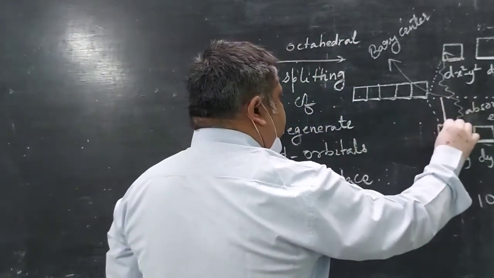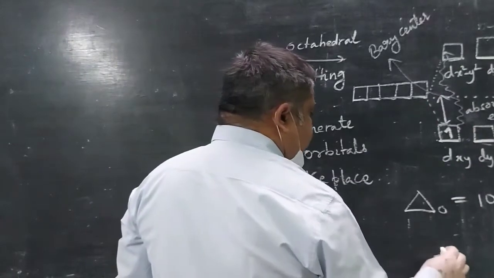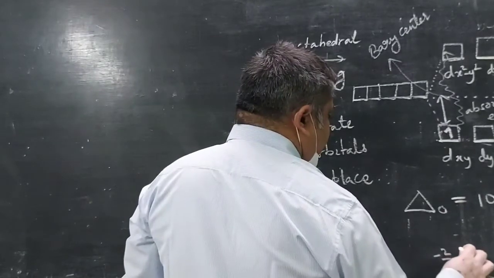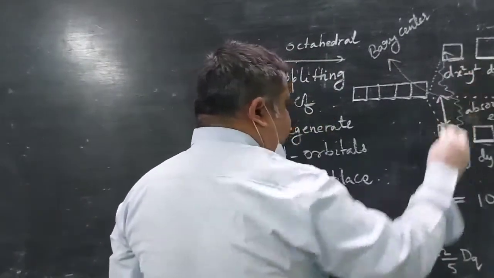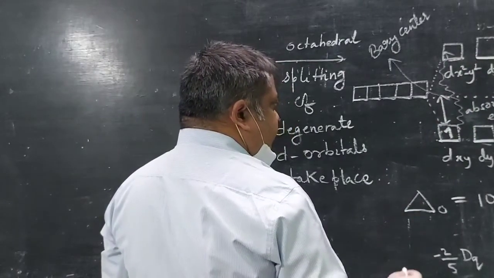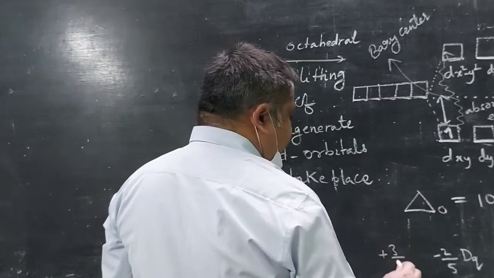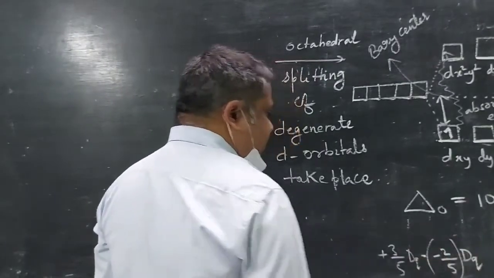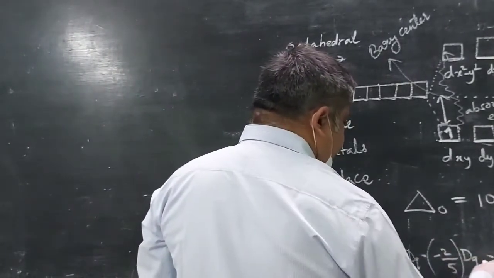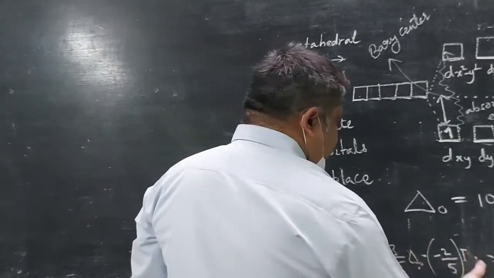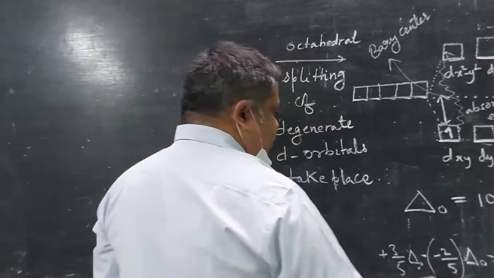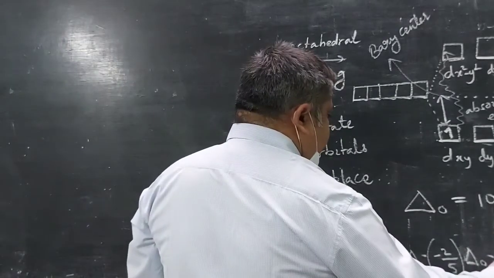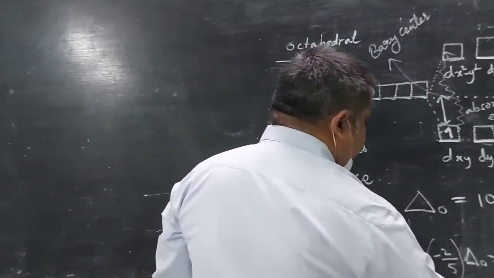From here to here it is minus 2 by 5 dQ, and from here to here it is plus 3 by 5 dQ, such that if you find the difference between this, it will become delta O. This will become the crystal field splitting in an octahedral complex, and it will be equal to 10 dQ.